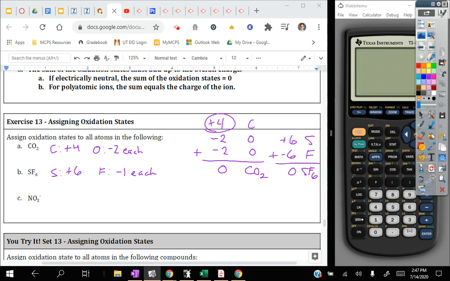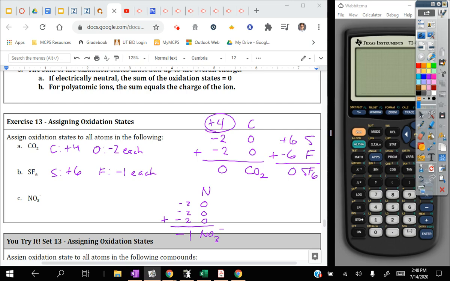It's a little bit trickier when you're doing a polyatomic ion such as NO3-, but we'll take the time to look at it. So I have N, and then each O contributes a -2. The problem is, NO3 has a 1- charge, so the answer actually needs to add up to -1.